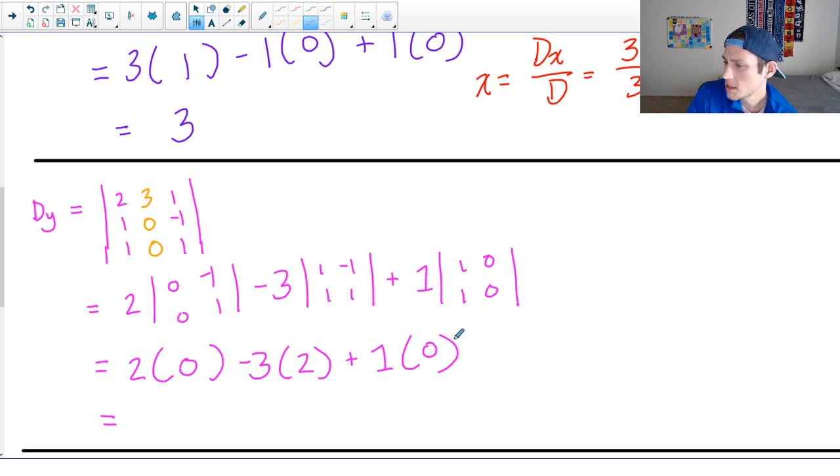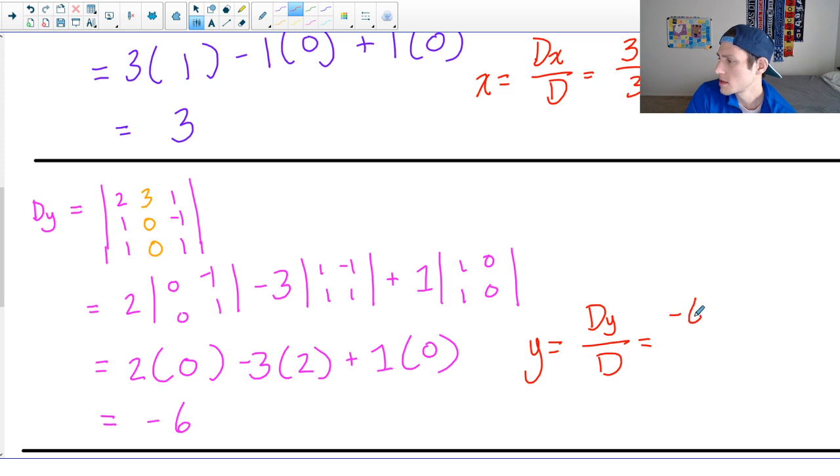So 0 minus 6 plus 0 is minus 6. So the y value we can get by doing dy divided by d. So dy is negative 6. D is positive 3. So the y value is negative 2.